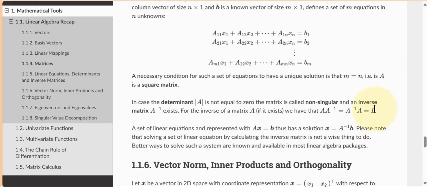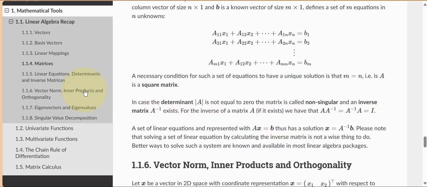And 1 is also called an identity element, and I is called an identity element. 1 is called the identity element for multiplication between numbers, and I is called the identity element for multiplication between matrices.